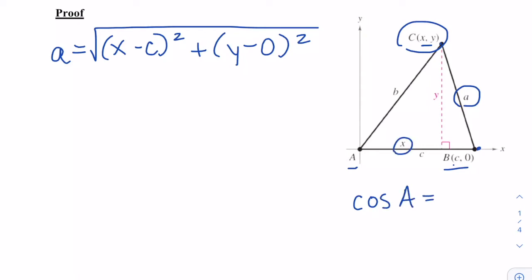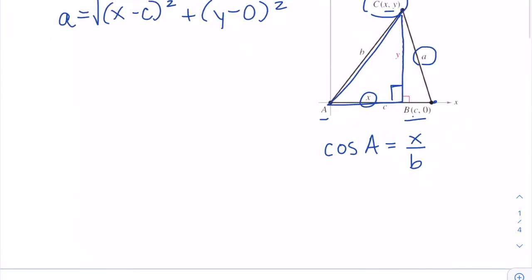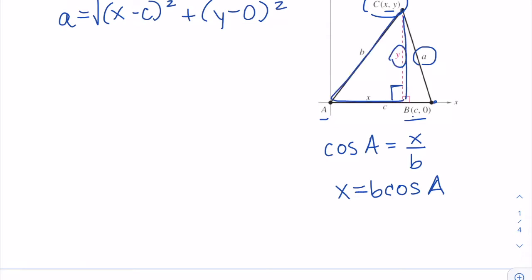So cosine of A, so we know that the adjacent side is X. And looking at this triangle here, right triangle, just regular little trig, our hypotenuse is B. So that means that the cosine of A times B, or B cosine A, is the value for X. If I wanted to find the value for Y, I use the same triangle here, but again, we're looking for Y, which is the opposite side of A, so we'll use sine. So that's Y over B. So Y will equal B times the sine of A.